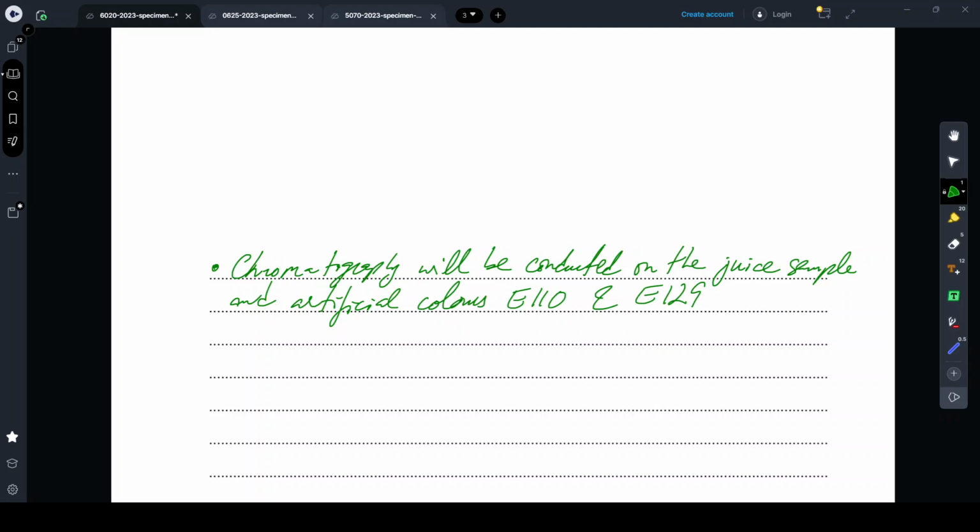Next, you said drawing a line, right? So that is: draw a baseline on the chromatography paper. That's one word, no space.